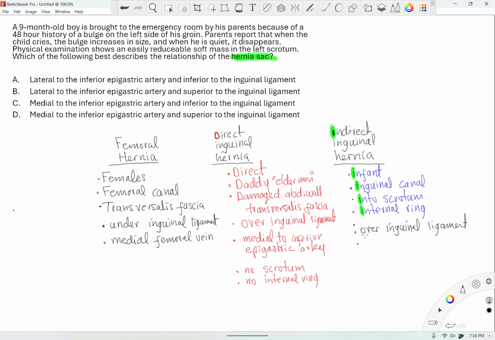Another difference between direct and indirect is that the indirect goes lateral to the inferior epigastric artery. Okay, so these are some of the differences.